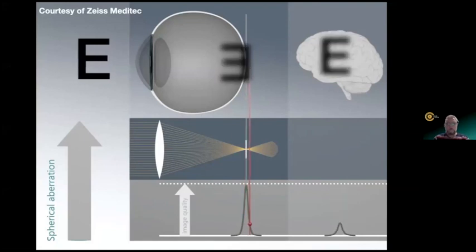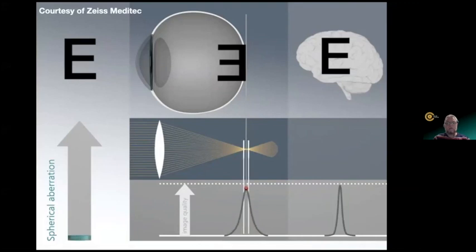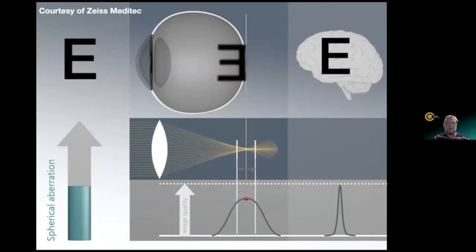Okay? Now, let's assume that there is some spherical aberration, which means depth of focus. Although the image on the retina is a little bit blurred because of the spherical aberration, the brain can compensate by neural adaptation and can see the letter sharp, as sharp as if there is no spherical aberration. But this is to some extent, and this is the non-toxic spherical aberration.